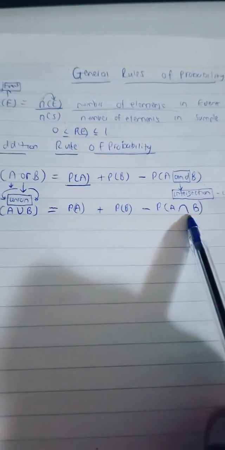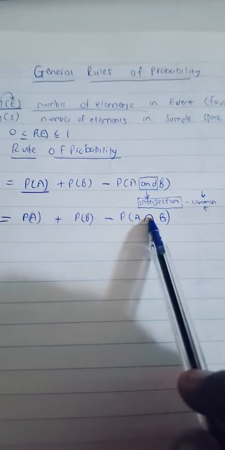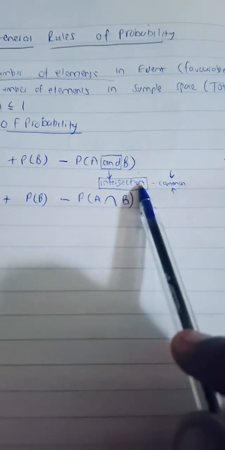So when you see the U and the upside down U, understand that the U stands for or, and the upside down U stands for and. Or means union, and means intersection.